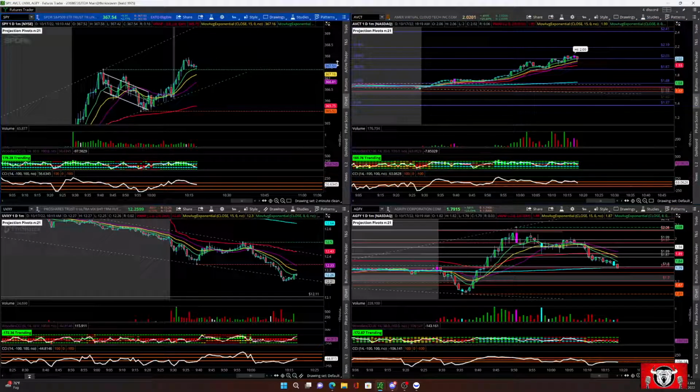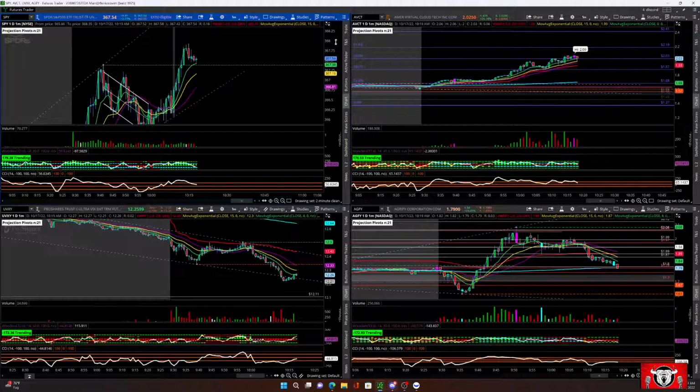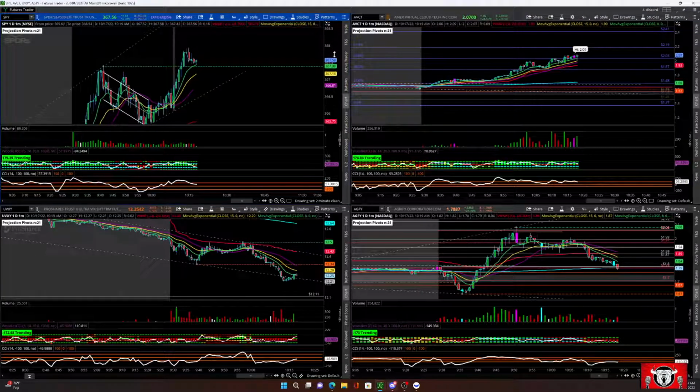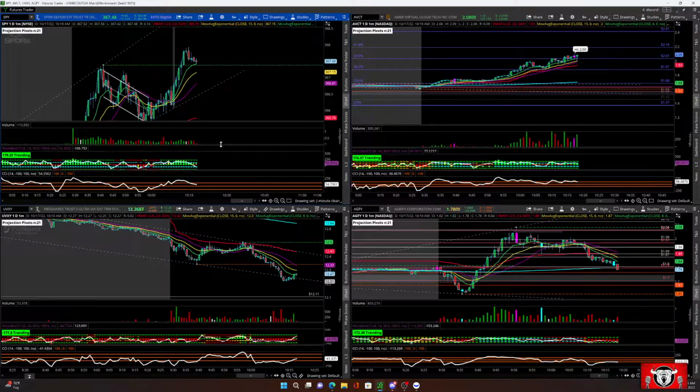Again, look at my chart. Look where it's hammered into. That's that pivot, 367.38. Right on that green. And then we got some action happening down here. Let that candle close.